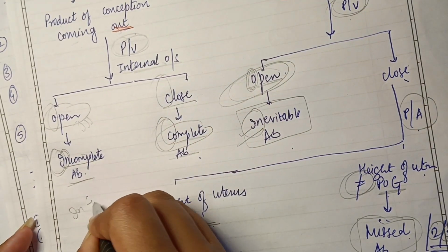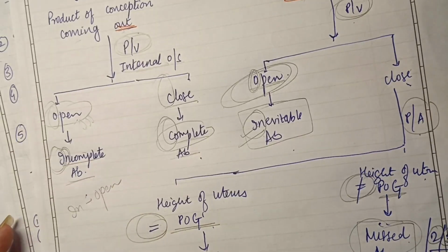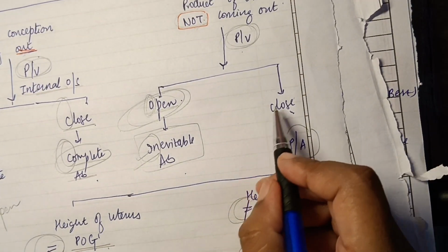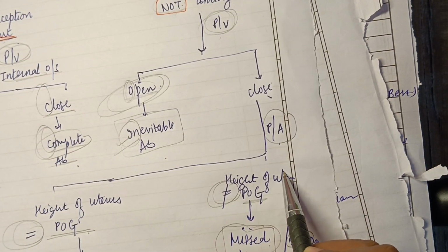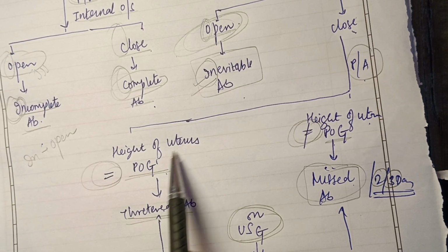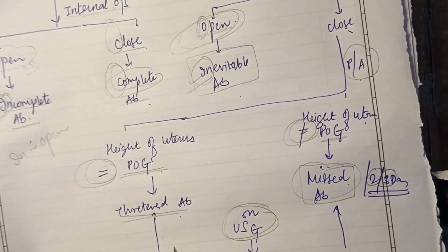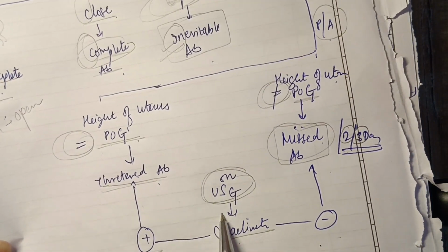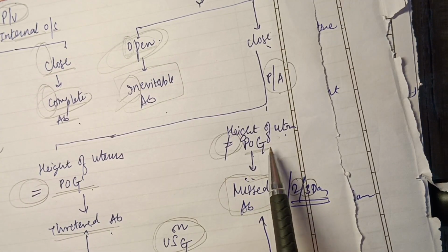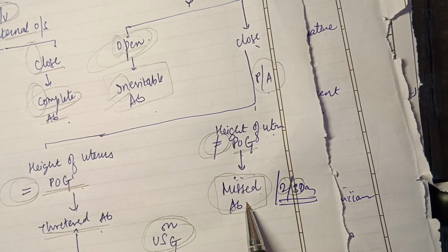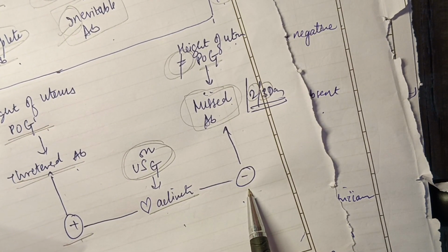In closed, we will check per abdomen. Per abdomen, if the height of the uterus is equal to POG, threatened abortion and cardiac activity will be present on USG. If the height of the uterus is not equal to POG, it is a case of missed abortion and the cardiac activity will be absent.